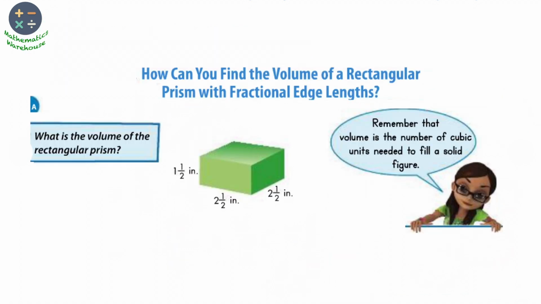How can you find the volume of a rectangular prism with fractional edge length? As we just said, the volume is the area of the base multiplied by height, or we can say volume is length times width times height.